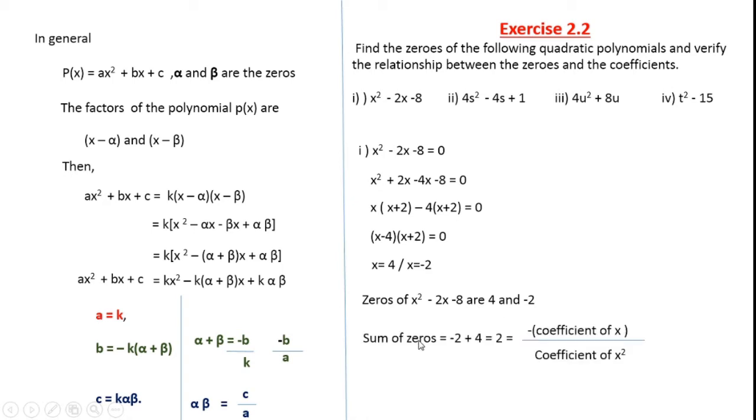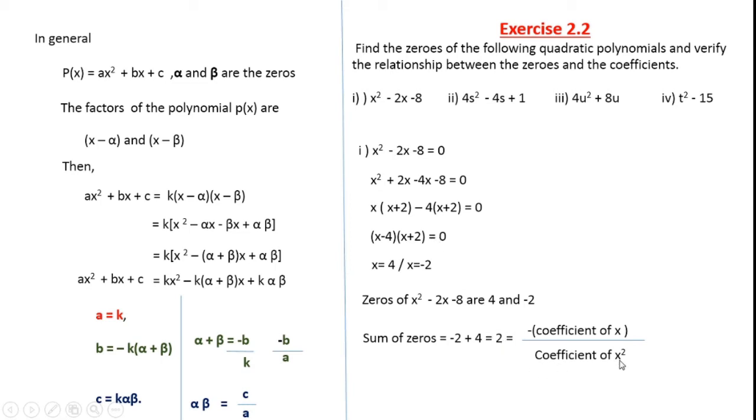Now the sum of the zeros, minus 2 plus 4 equal to 2, is minus coefficient of x by coefficient of x square. See here, the coefficient of x is minus 2, so minus of minus 2 is 2.